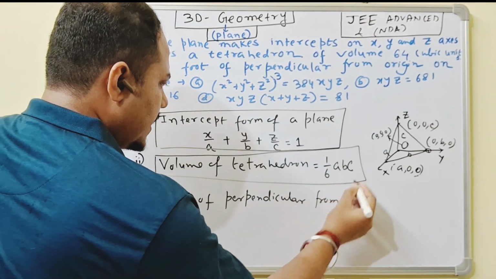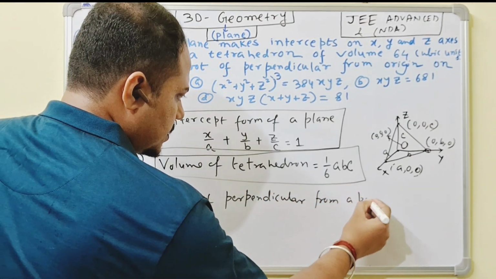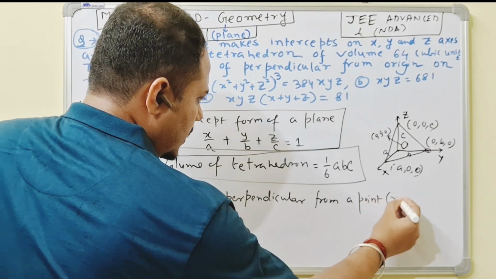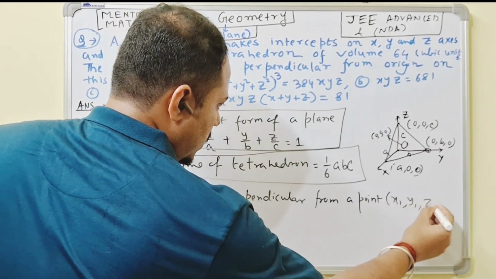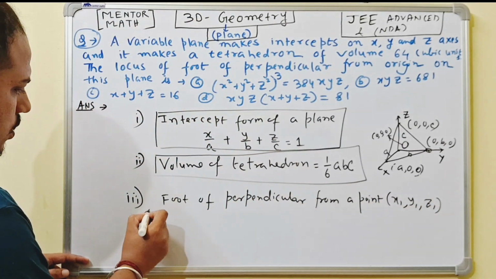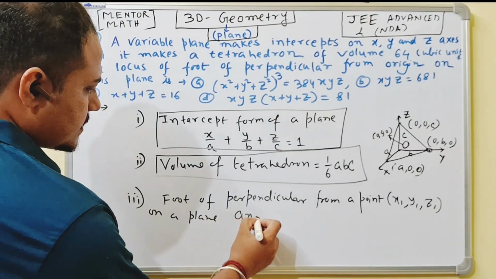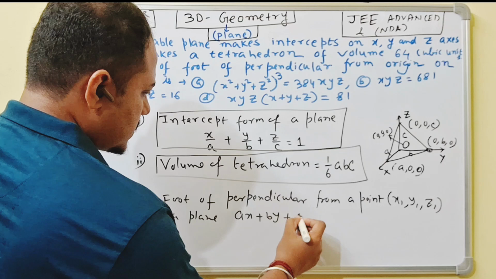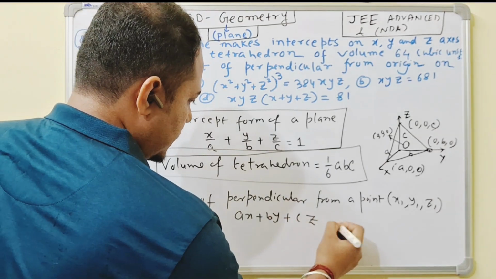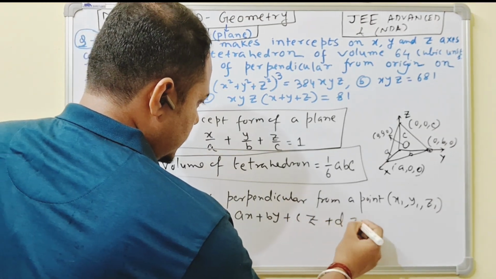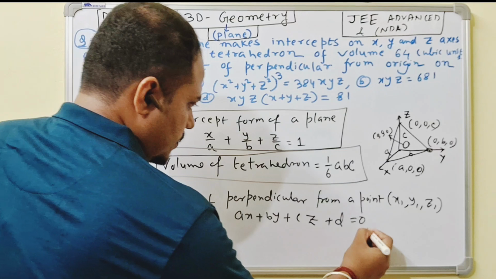Let us take a point x1, y1, z1 and the plane ax plus by plus cz plus d is equal to 0.